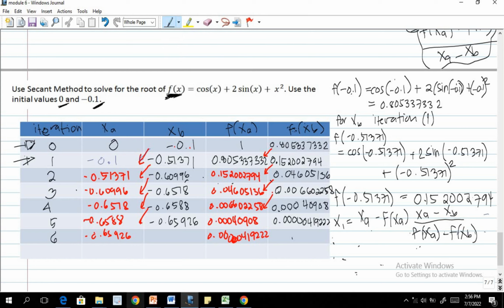This is equal to negative 0.65927. This is equal to, I'm going to use exponential form, 2.72344 times 10 raised to negative 9.